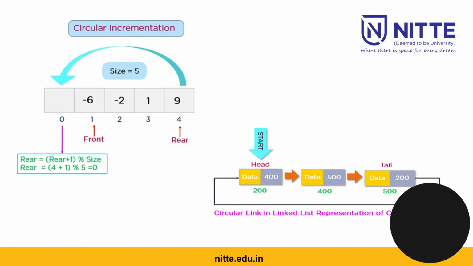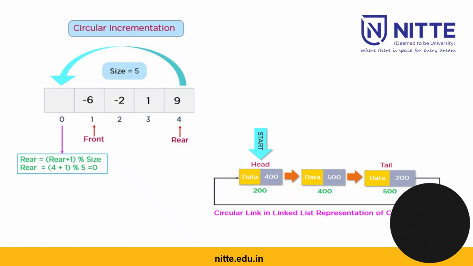How will I make it? By making rear = (rear + 1) % size. That is, rear value is 4, plus 1, that means it will become 5. So 5 % size, the total size is 5, so 5 % 5 is equal to 0.